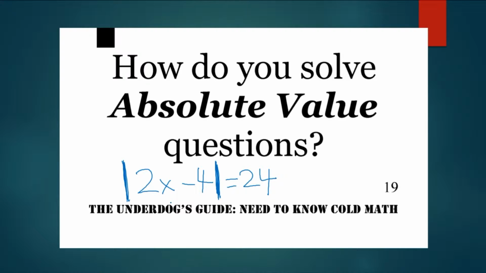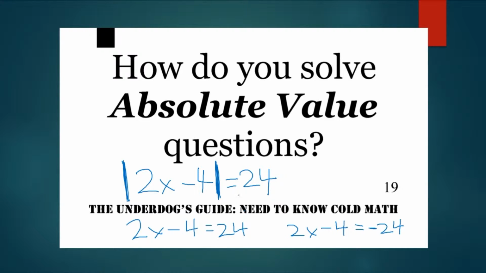So my advice is write it twice. 2x minus 4 is equal to 24, and then 2x minus 4 is equal to 24. But just leave a little space and make the second one negative. Does this make sense? So you're going to solve it twice. You're going to get 2 answers.